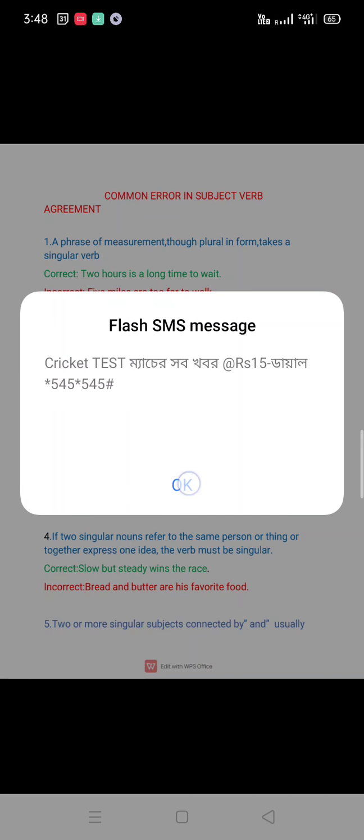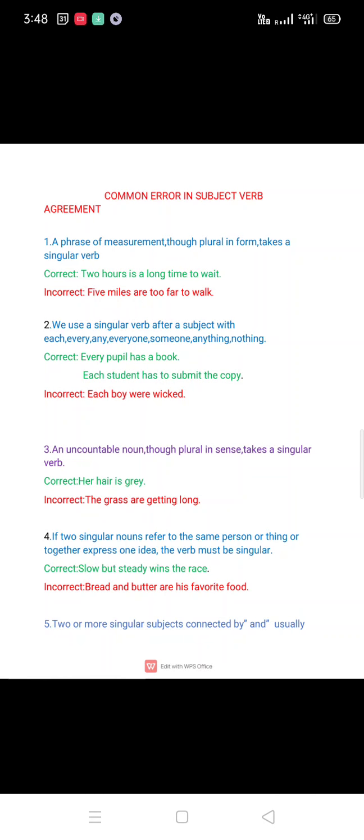So whenever a subject starts with each, every, anyone, everyone, anything and nothing, then we should use a singular verb, not a plural verb. In the first 2 sentences, the singular verb has is used, right? And in the incorrect sentence, where is used, that's why it is incorrect. It should be was, because each boy.